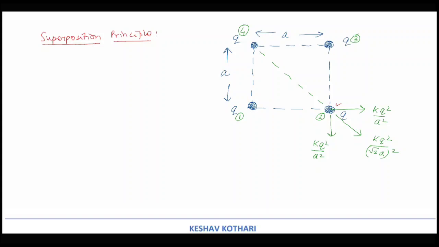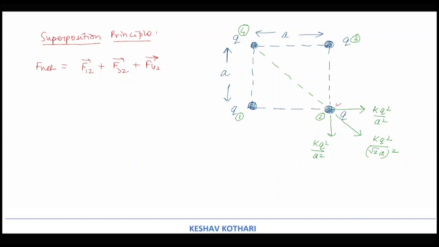So according to the superposition principle, the net force acting on this particular charge is going to be the vector sum of all these forces, that is force exerted by 1 on 2 plus the force exerted by 3 on 2 and the force exerted by 4 on 2.